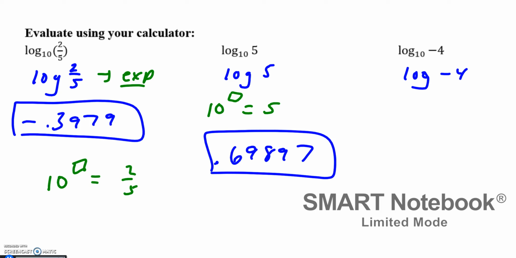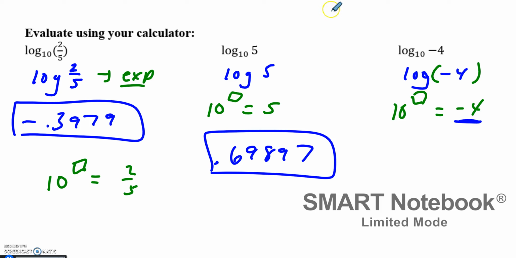And lastly, this example, log of -4. Now this one's interesting because we have base 10 to the what equals a negative number. Now even without a calculator, let's think this through. Has there ever been a situation where we've had a power to an exponent equal a negative number?